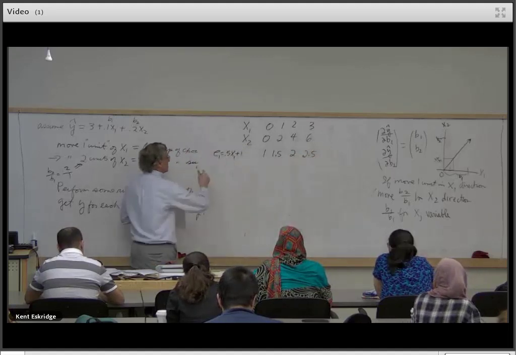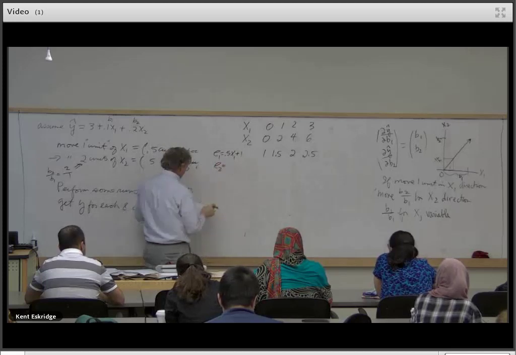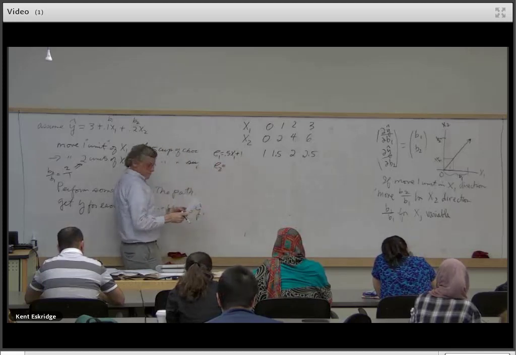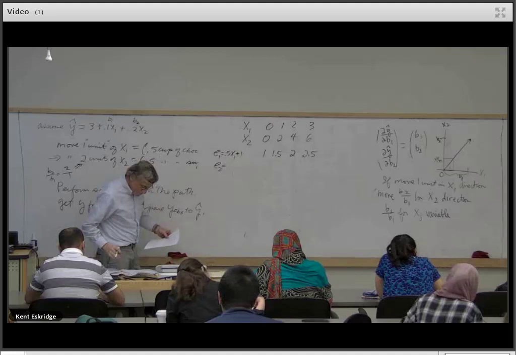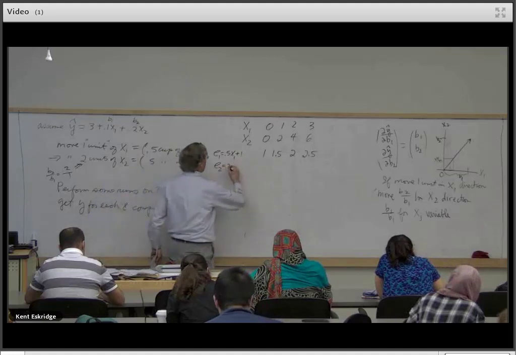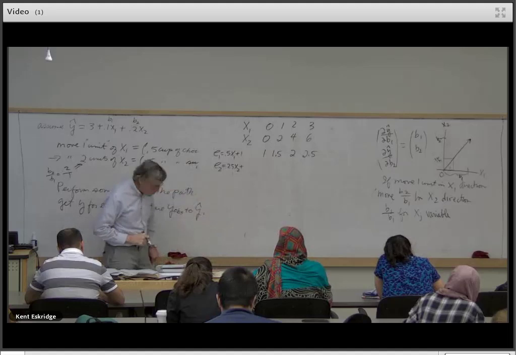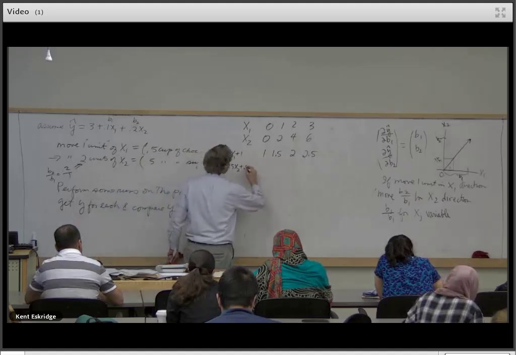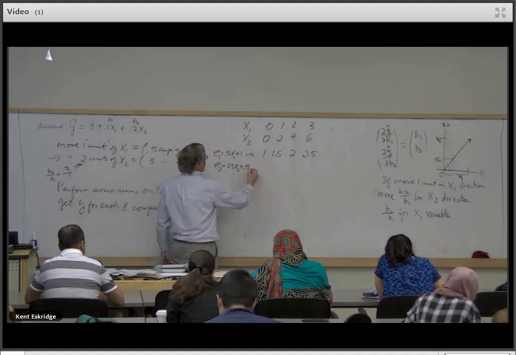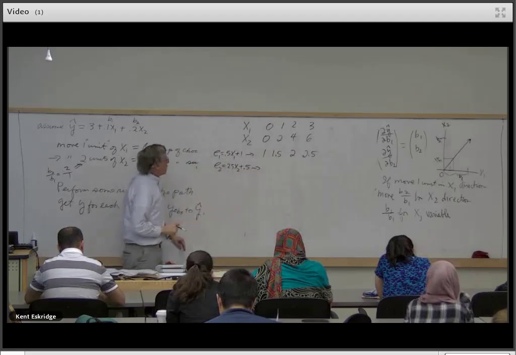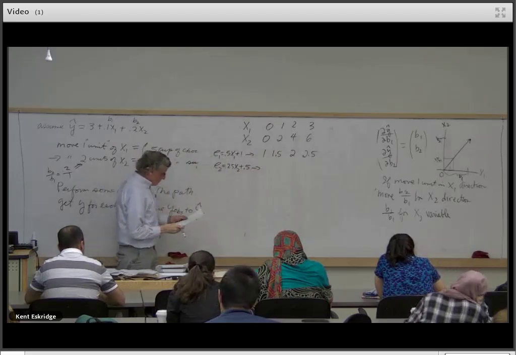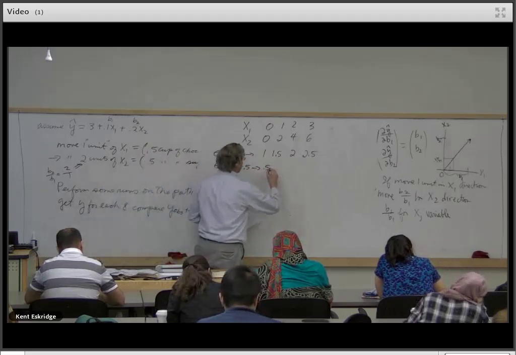This is chocolate. And then E2 is going to be 0.25 x2 plus 0.5. So its values are going to start off at 0.5 cup, which is what we did.